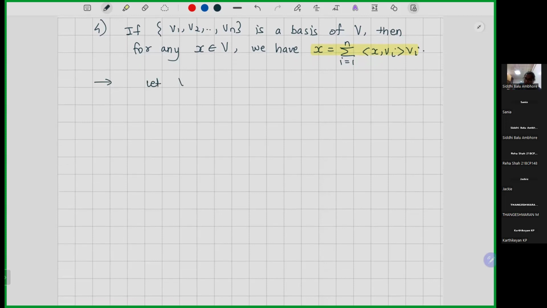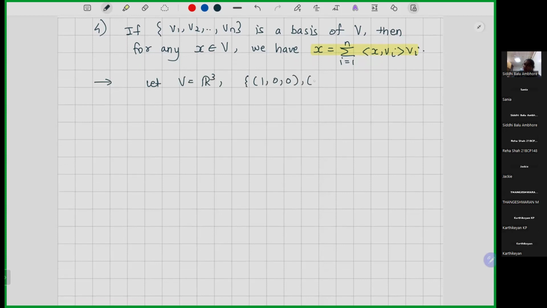space. So let us take V to be R3, and take this as a basis of R3. You can just check that, and then we choose x equal to an element of the basis itself.